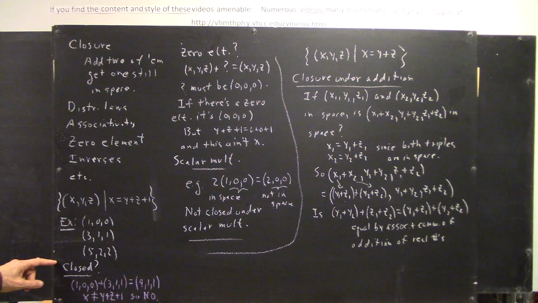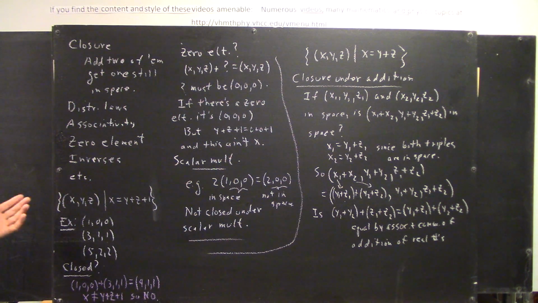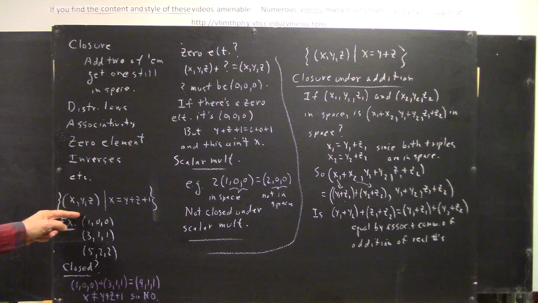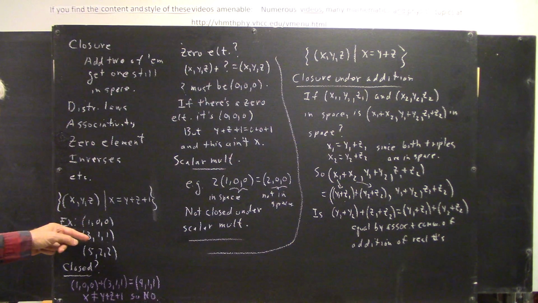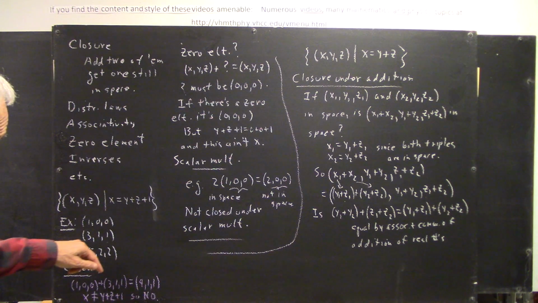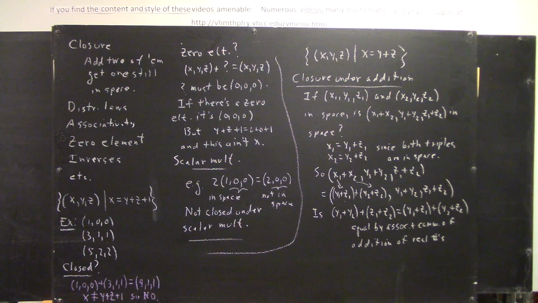Now, the question is, is this closed? Well, the answer is very clearly no. And we can see that very easily just by taking any two of these. If we add this to this, we're going to get 4, and 0 and 1 is 1, 1. We're going to get 4, 1, 1. So 1, 0, 0 plus 3, 1, 1 is 4, 1, 1. 1, 0, 0 is in the space. 3, 1, 1 is in the space.